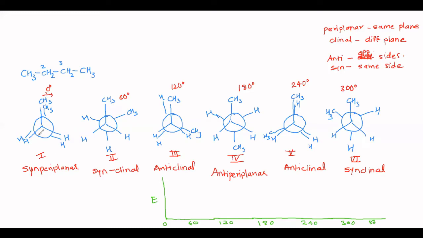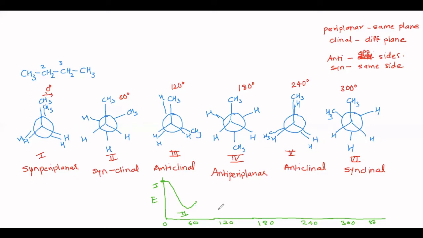So at 0°, this structure is going to experience more repulsion because the two methyl groups are very close to each other. So this is going to have the highest energy repulsion. At 60°, this energy will decrease, but it won't be much, it is not a more stable structure. Still, there is some kind of repulsion. From the first conformation, we have come across the second.